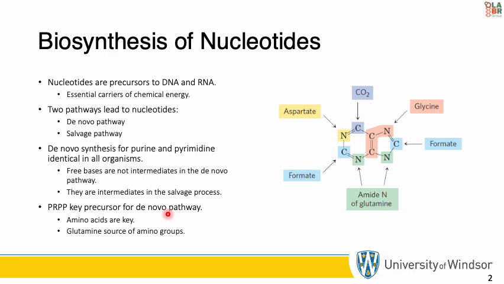In 5 different steps in the de novo pathways, glutamine is the source of amino groups. Aspartate is also used as the source of an amino group in the purine pathways in 2 steps.